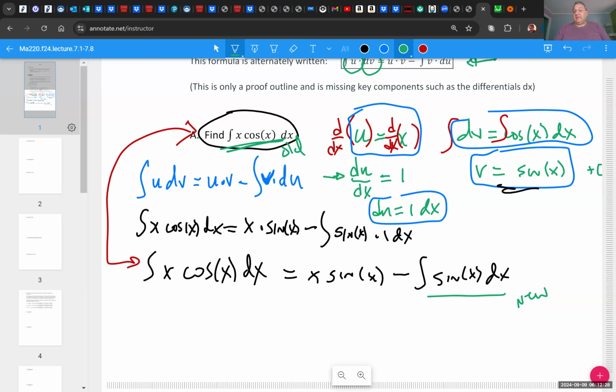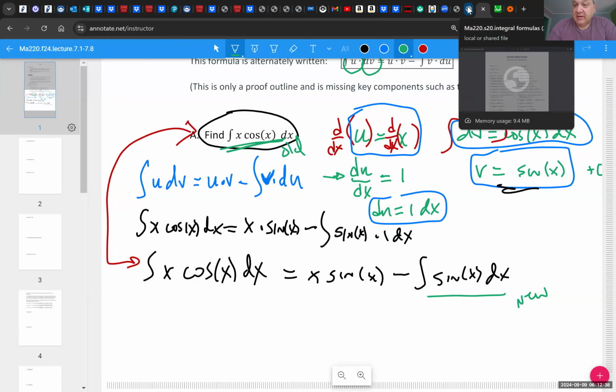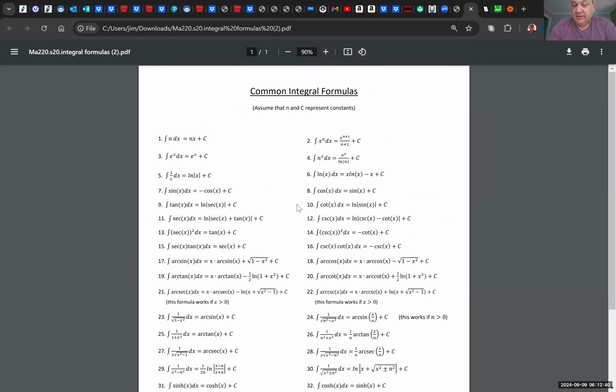The antiderivative of sine x is much easier than the antiderivative of x cosine x. I know this for sure because if I look on my formula sheet, there is no formula for x cosine x. You won't find it on any reasonably sized formula sheet, but there is an antiderivative of sine x that is on the formula sheet. So we've converted it into something which we have as our known integral. So that means, yeah, we did a good job.